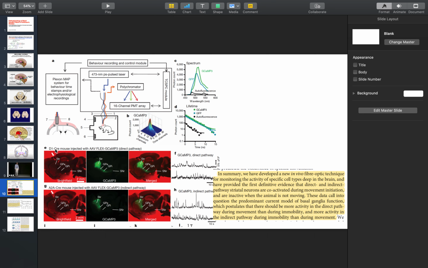D1 Cre means they just knock in mice, so they knock in D1 in the direct pathway.